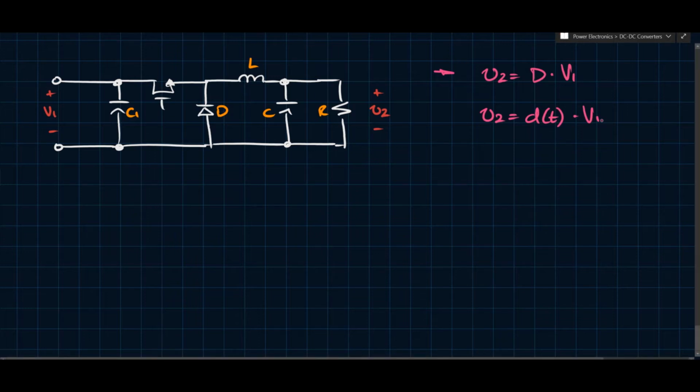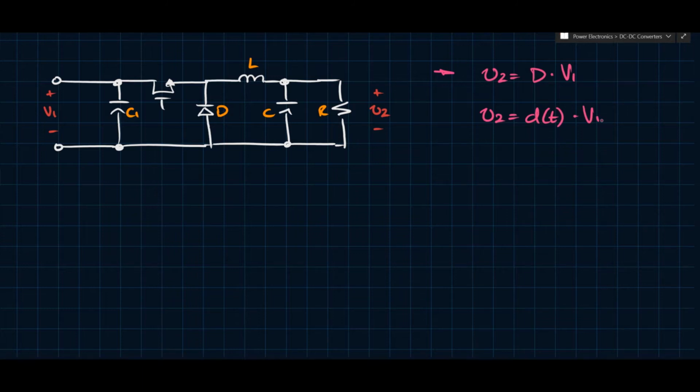So what that means is if you have a 1 kilohertz switching frequency, then D of T can vary, let's say, with 50 or 60 hertz. Or if you have 10 kilohertz, then you can vary comfortably with 60 hertz. So if D of T varies with 60 hertz frequency, and the switching frequency is 10 kilohertz, this is valid.